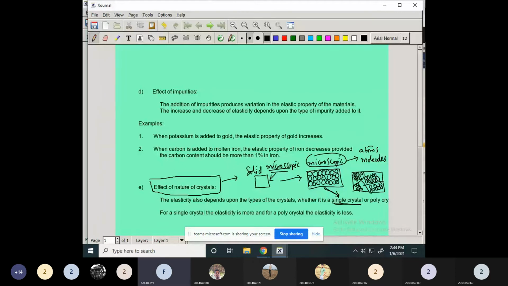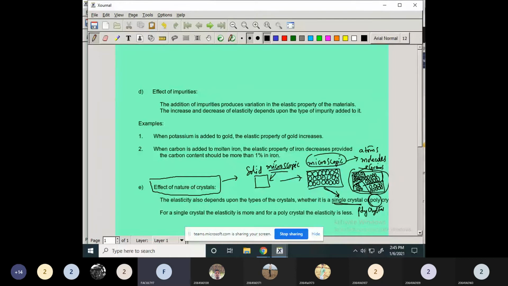So these small regions we call the grains. These are known as the grains, or else we consider the entire solid as a polycrystal, or multiple structures are there internally.